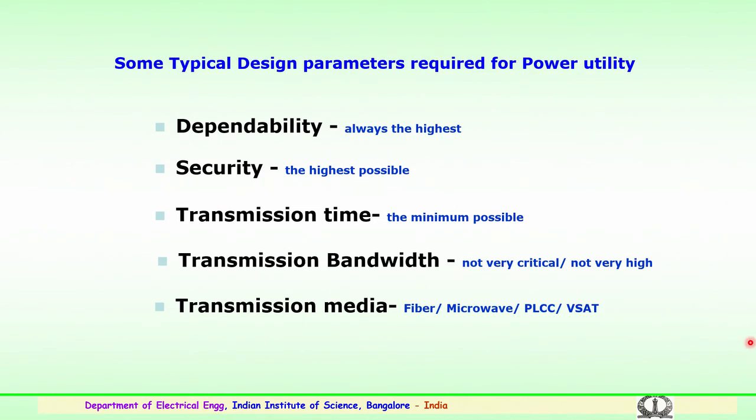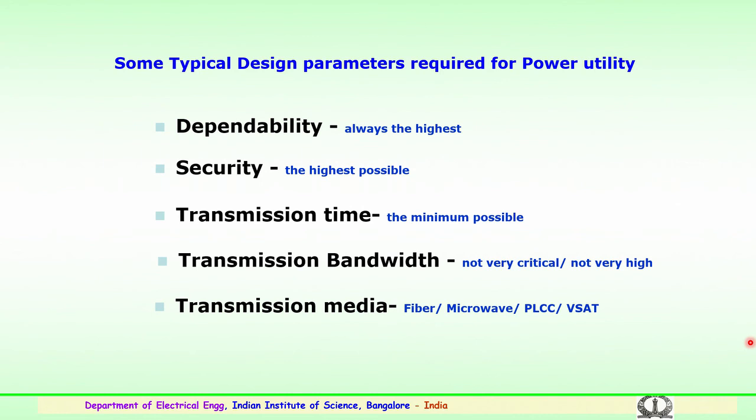Some typical design parameters which are required by power utility engineers: the most important is dependability. This always has the highest requirement, followed by security. Then you have the transmission time: the communication time should be as minimal as possible, so that the data can be collected, analyzed or monitored within the minimum possible time.